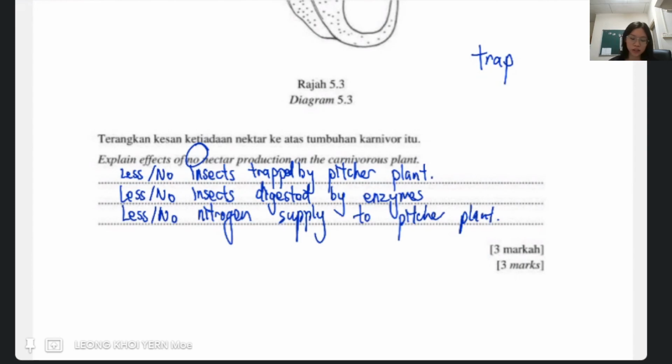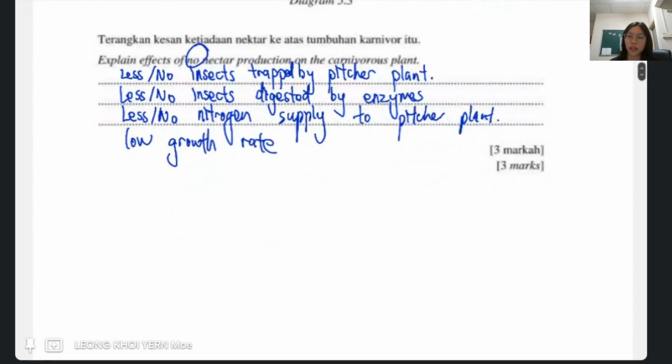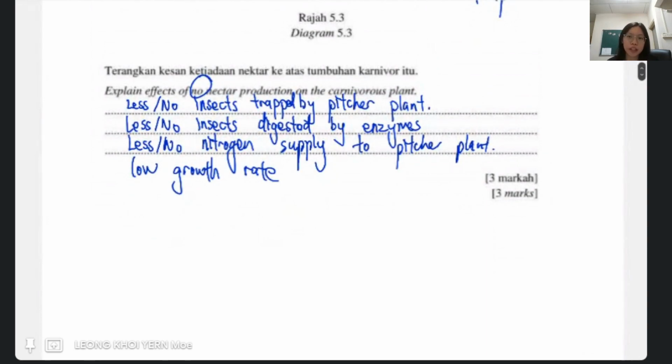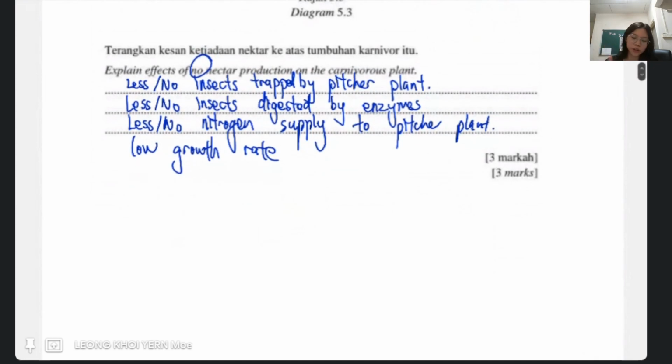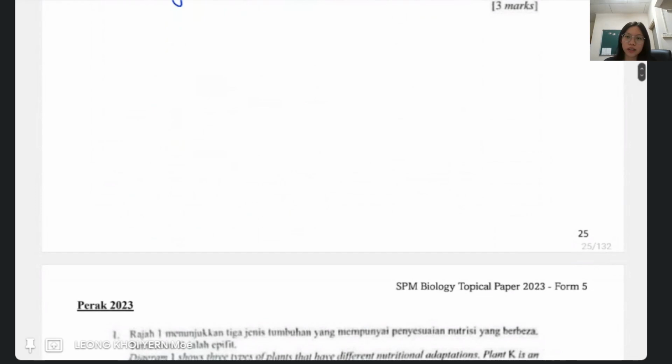Less protein synthesis leads to a lower growth rate. So this is the effect if there is no nectar production on the carnivorous plant. That's the reason why they need this adaptation to trap insects, because they live in soil that lacks nitrogen supply. So in order to increase their growth rate, they are adapted with this ability. So the nectar is really important to trap the insect.